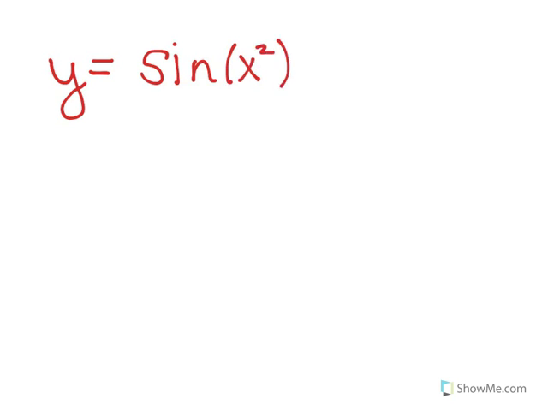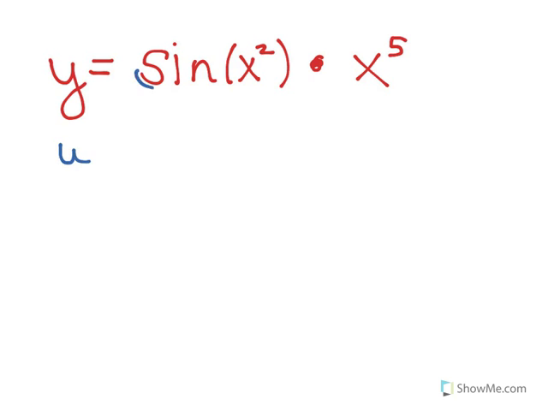So for number 4, I'm going to write down y is equal to the sine of x squared times x to the 5th. So for problem number 4, what you're going to put down is, let's define our u.